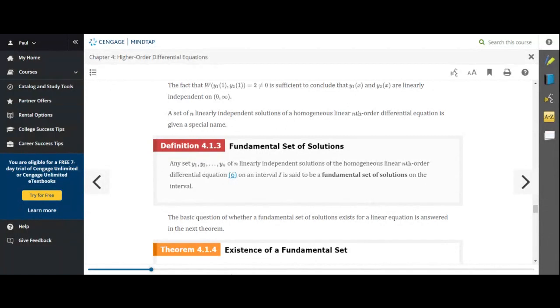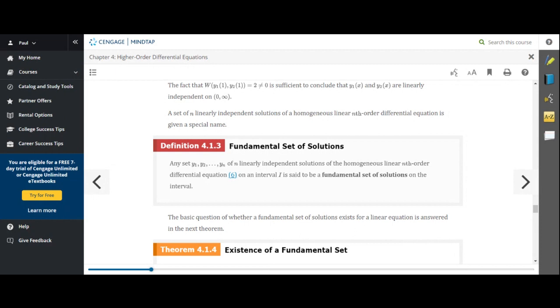If you have homogeneous solutions to a differential equation, and they're linearly independent, then you have what's called a fundamental set of solutions.